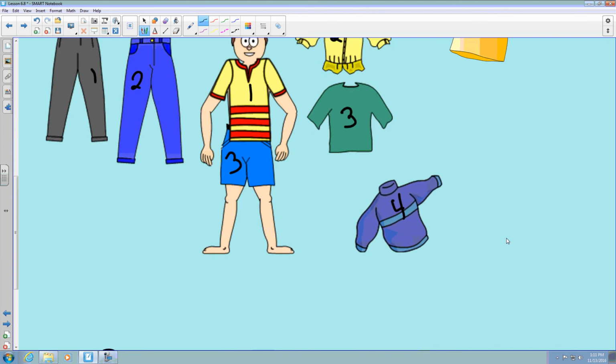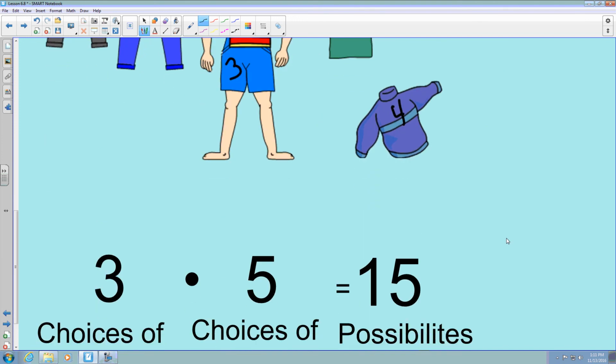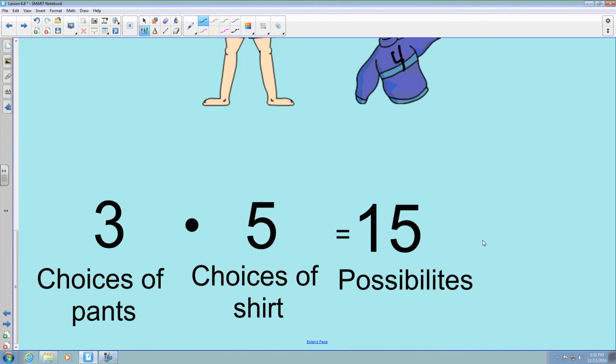Since there are only 2 events, you take 3 times 5. 3 is the choice of the pants, 5 is the choice of the shirts. So there are 15 possible outcomes for choosing a different outfit combination. That is being able to use the counting principle.